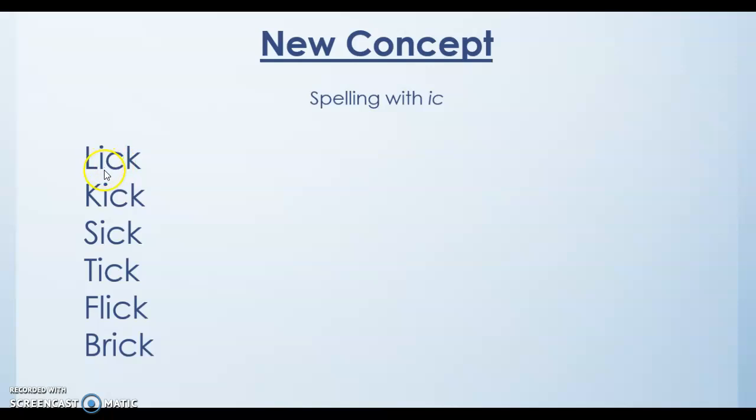Try to read a couple of those, sound it out. I want you to notice that here it has an I-C-K at the end. Right? I-C-K, ick. You're going to come across some words like public. It has that same K sound at the end, but instead of having I-C-K, it only has I-C.